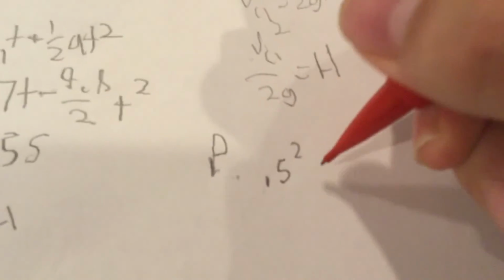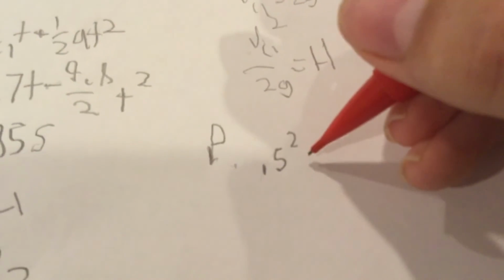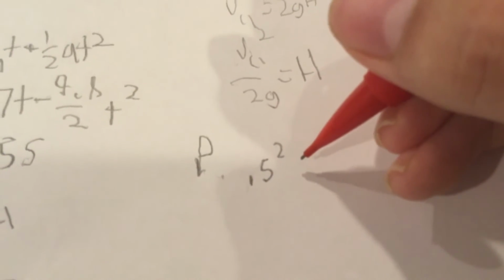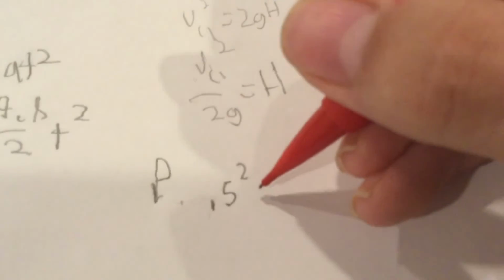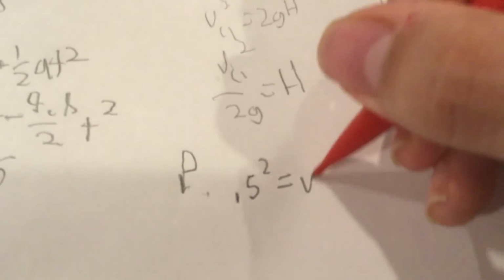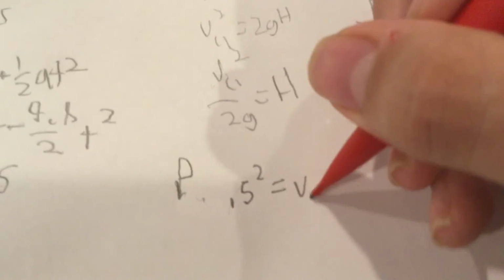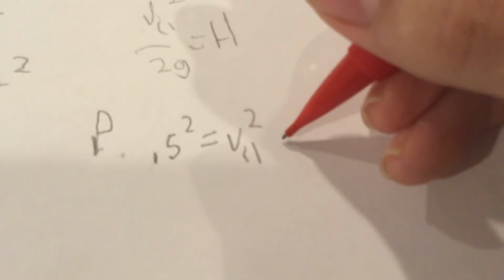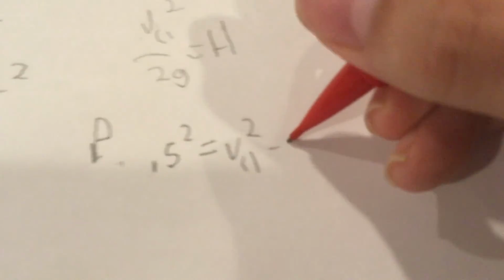So we're going to use the same formula that we've been using, v squared equals v naught squared plus 2a times y final minus y initial, and you will see what we get.